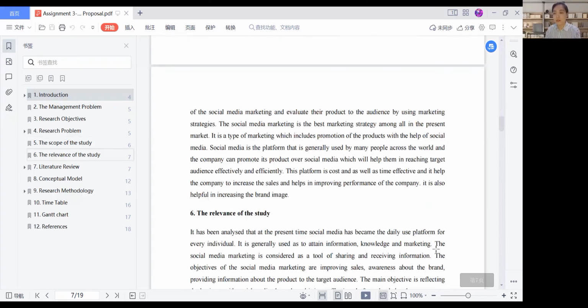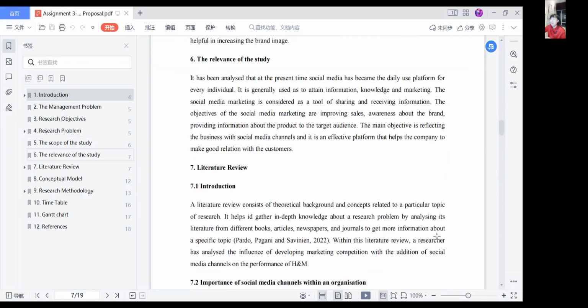6. The relevance of the study. It has been analyzed that at the present time, social media has become a daily use platform for every individual. It's generally used to attain information, knowledge, and for marketing.